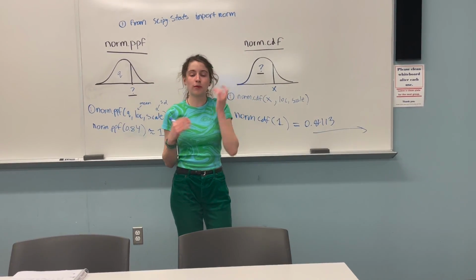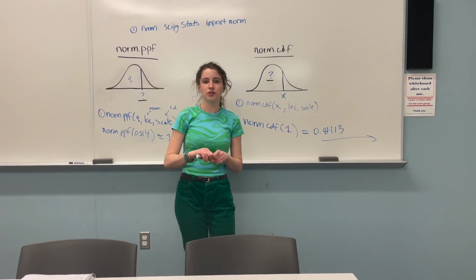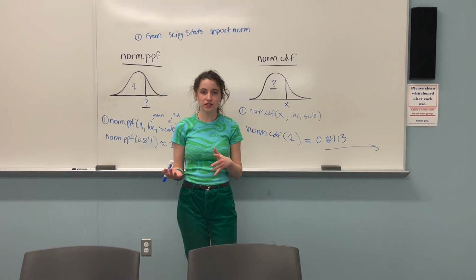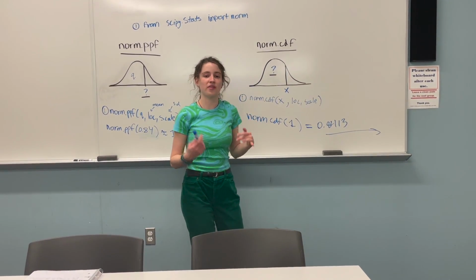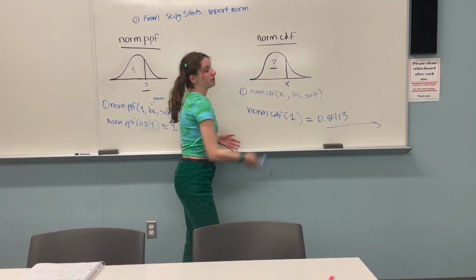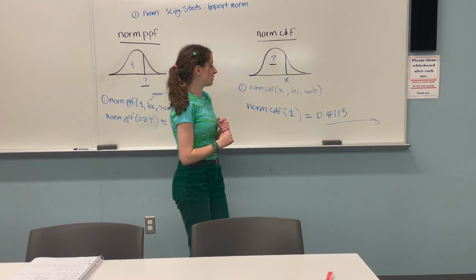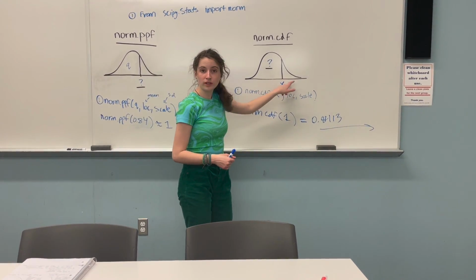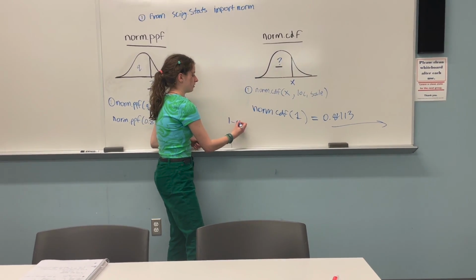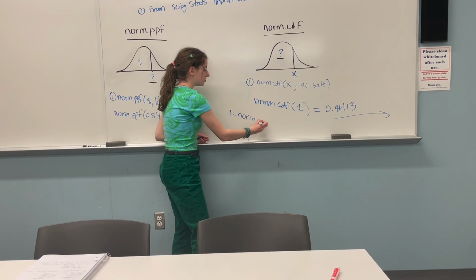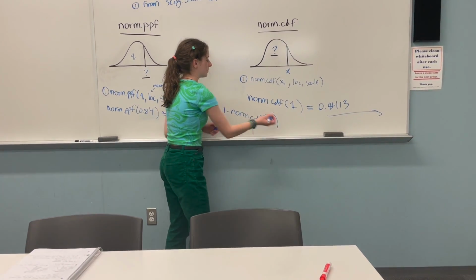One more thing I want to say about CDF is that you can use 1 minus the complement to find the area to the right as well, because we know the area under the whole curve is 1. So say we wanted to find the area to the right of 1 instead of the area to the left, we would just do 1 minus norm.cdf(1), right?